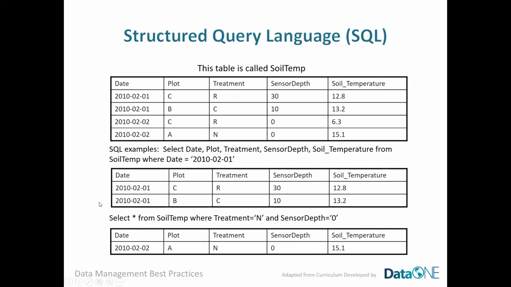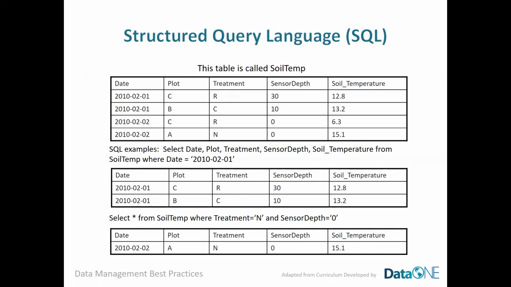1st, 2010. And then the second statement down here, this select statement, returns all records, which is the star, from the soil temp table, where the treatment is in and the sensor depth is 0.